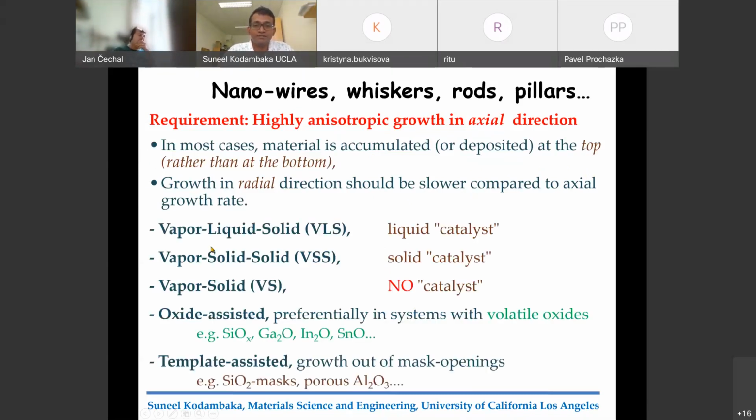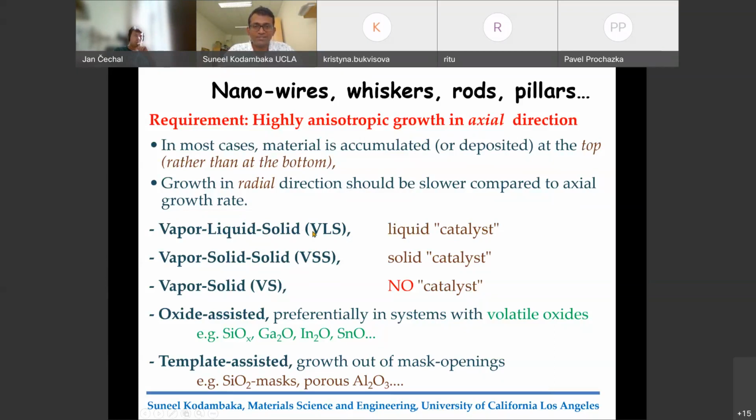Traditionally, one of the first methods that has been identified for giving rise to the growth of nanowires is the so-called vapor liquid solid process, where the catalyst, and I put it in quotes because it's not always that this material serves as, in the strictest definition, a catalyst. Nevertheless, it serves as a getter for the depositing species. And if it is a liquid, the process is referred to as vapor liquid solid process.